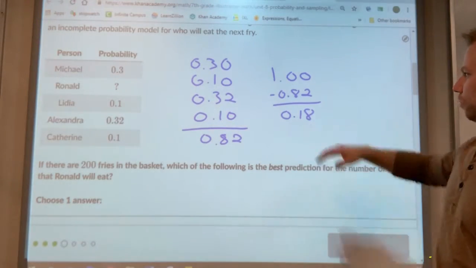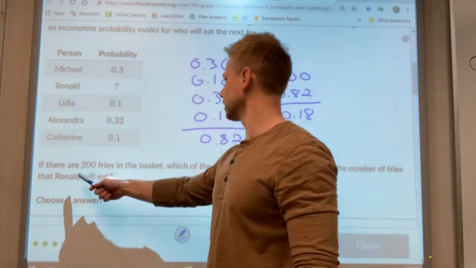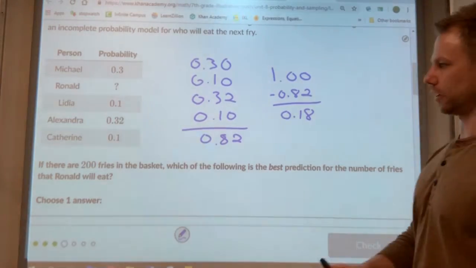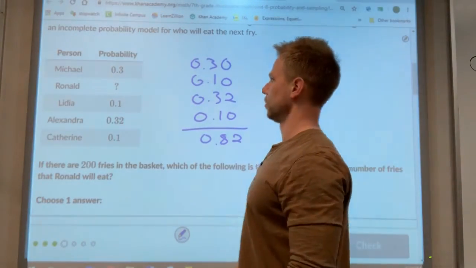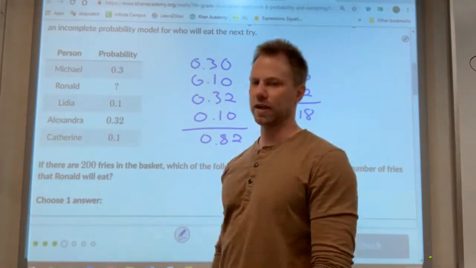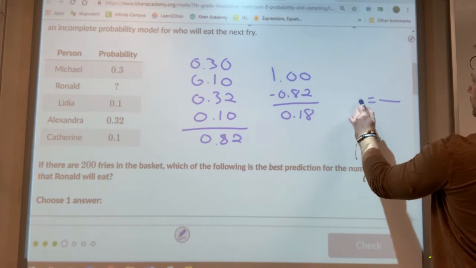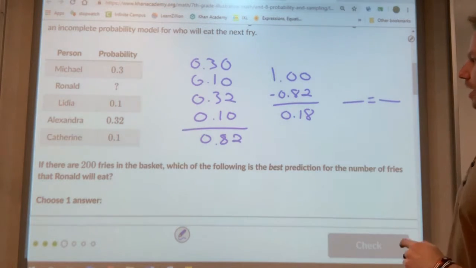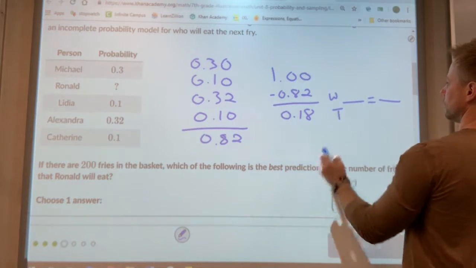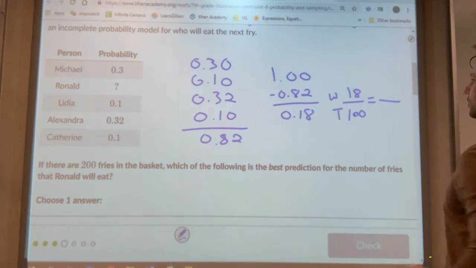So there is an 18% chance he will get the next fry. Now it says if there are 200 fries in the basket, which of the following is the best prediction for the number of fries that Ronald will eat? So his probability is 18%. He's going to get 18% of those 200 fries. So we're going to write a proportion to help us figure out how many fries he's going to get. So it's going to be our want and our total. So we want 18% out of a total of 100%.